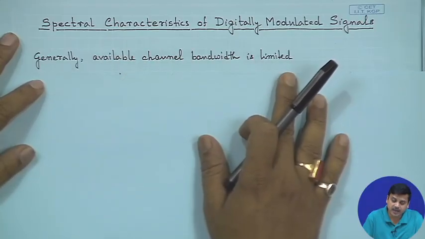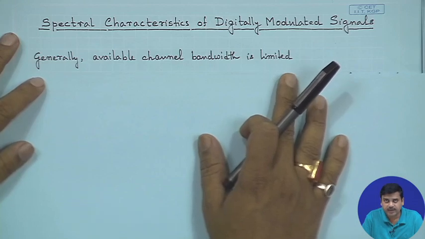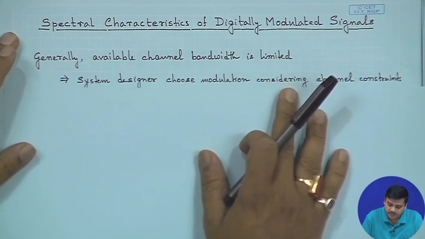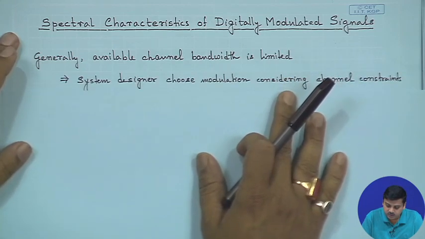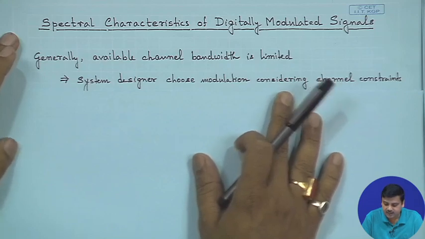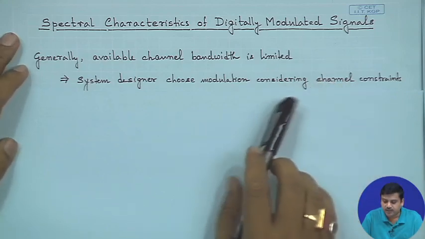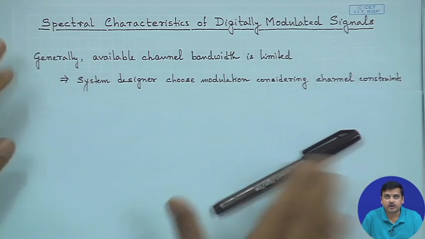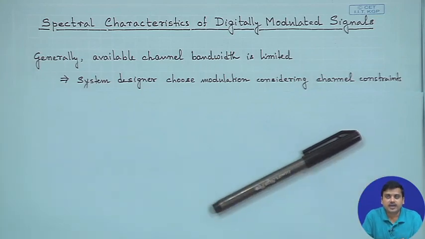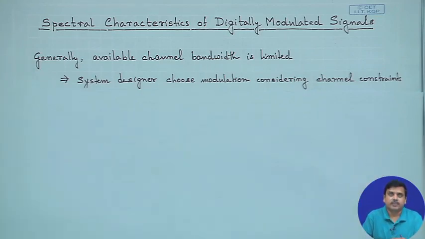So, that means they do not have a bandwidth which is spanning from minus infinity to infinity, and that would leave the system designer to choose the modulation technique considering channel constraints. So, we are basically getting into design aspects slowly. So, till now we have been writing the expression of the transmitted signal, we have been discussing in a bit of qualitative form about the spectral characteristics, this being more or less.